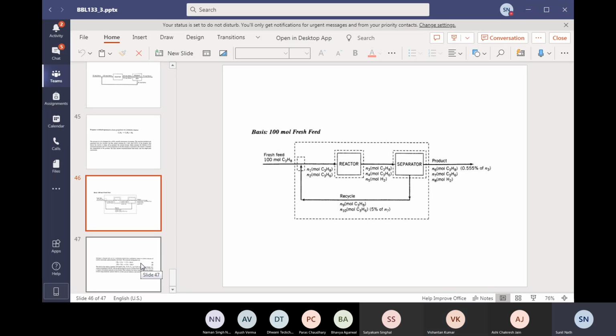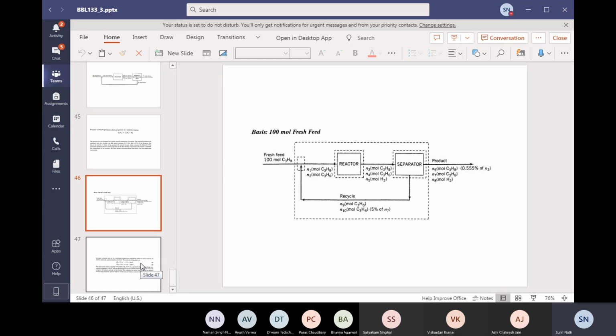But you cannot do the same on the recycle because you don't know both of them yet. But in the recycle stream, we know that N9 would be N3 minus N6.